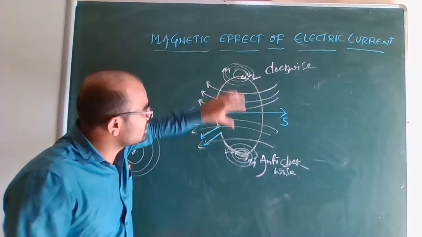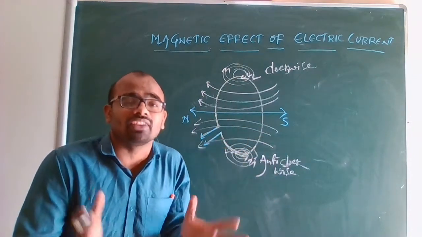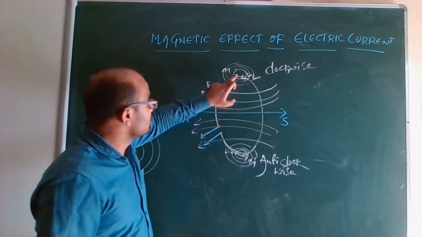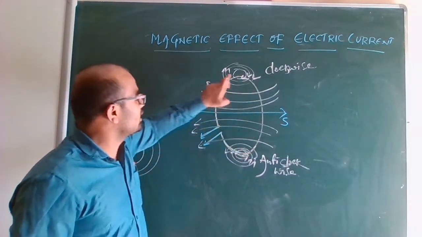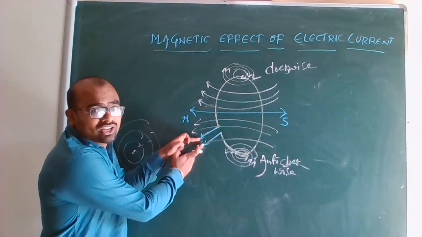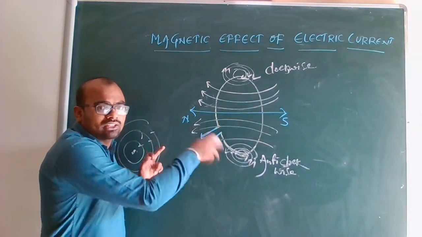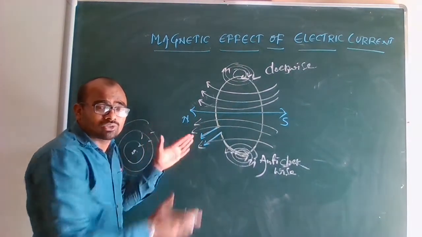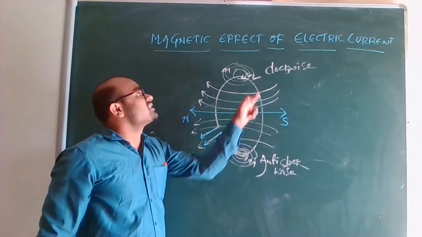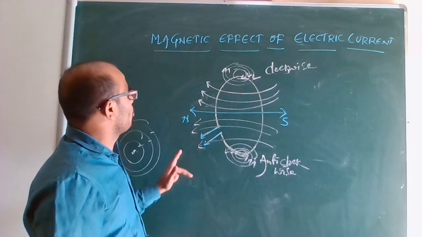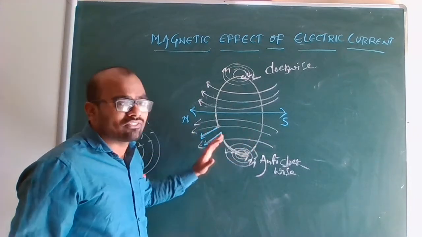These concentric circles represent the magnetic field lines around the circular loop of a conductor. This is the circular loop of a conductor. Here is the connection, the wire and battery. So if that connection starts flowing electric current, then you can observe the magnetic field lines here.